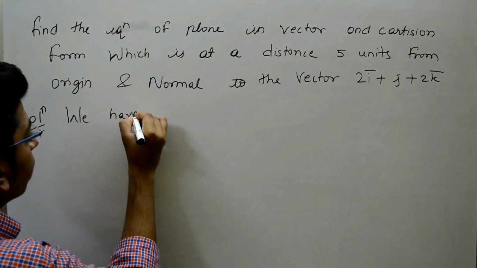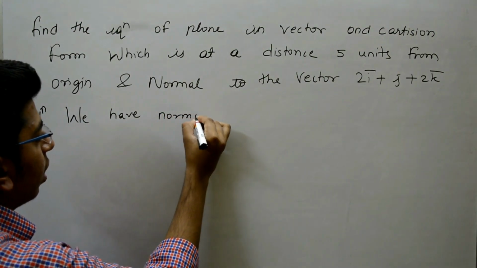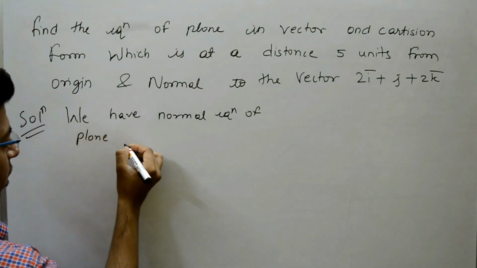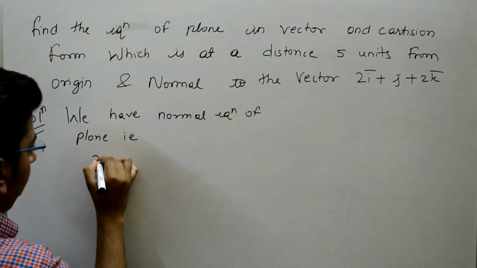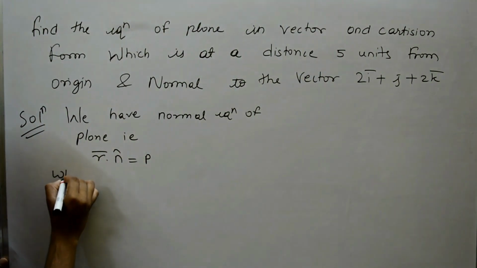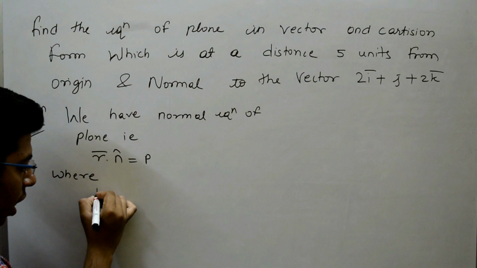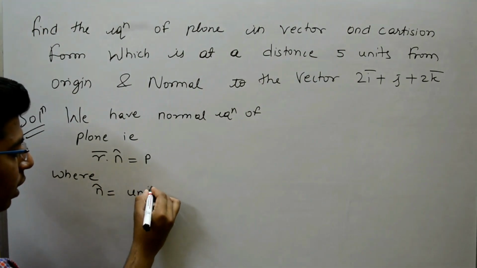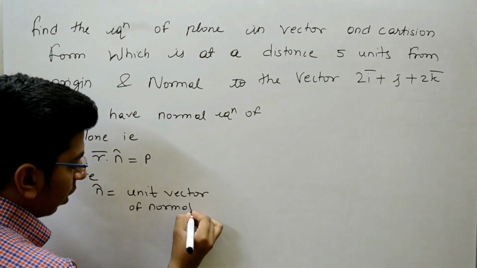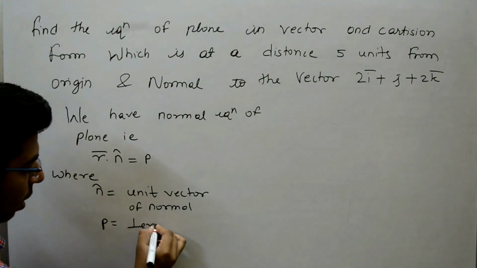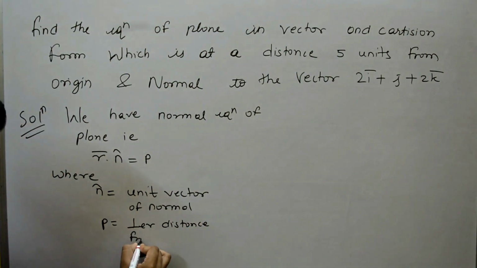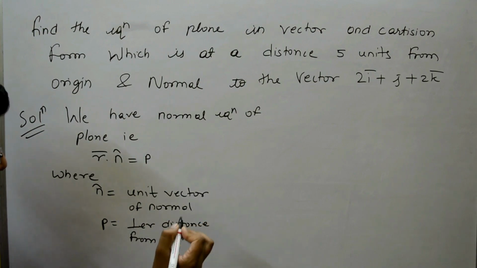So the solution will start from the normal equation of plane, that is r bar dot n cap is equal to p, where n cap is the unit vector of normal, and p is the perpendicular distance from the plane.